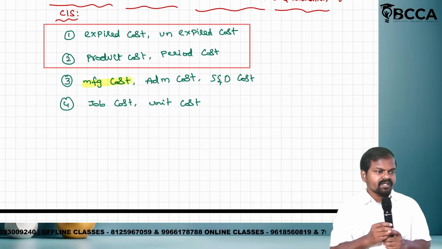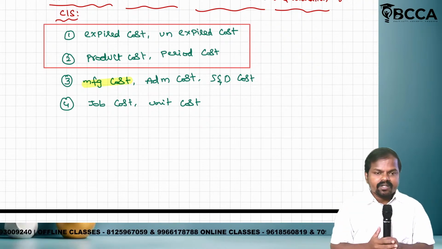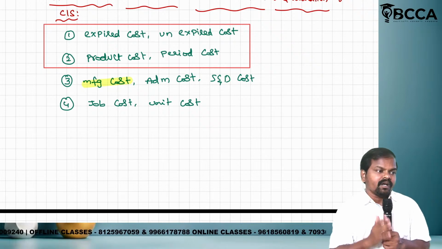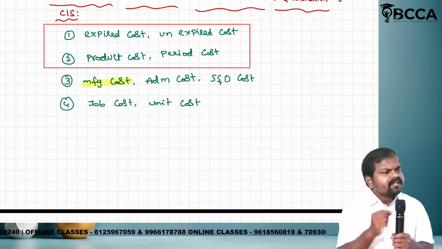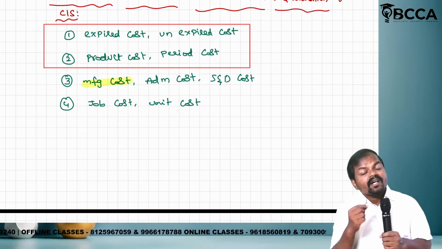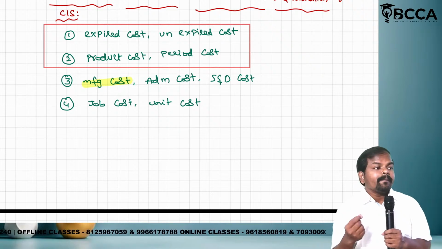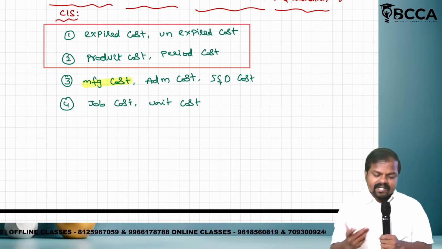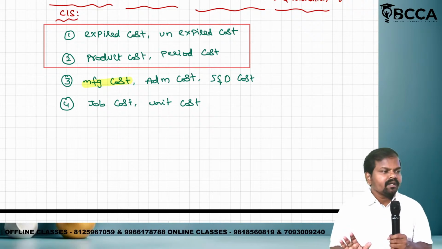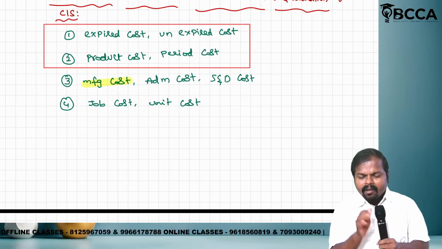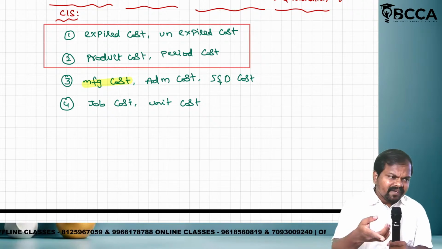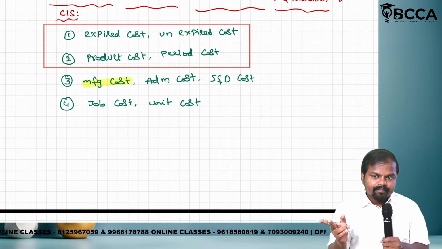What is meant by S&D cost? S&D full form is selling and distribution cost. S&D cost means cost which is incurred by the organization for the purpose of sold units. Now tell me, manufacturing cost is incurred by the organization for the purpose of manufacture or sold?